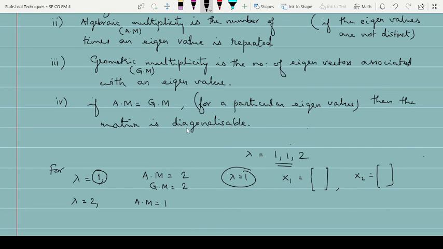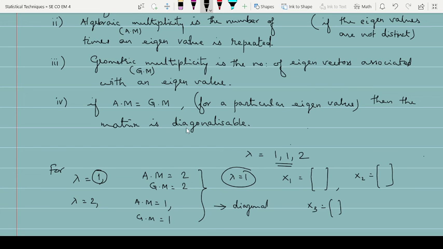In the same way, for lambda equal to 2, I am getting another vector, say x3, one vector I got. So for lambda equal to 2, algebraic multiplicity is 1 and geometric multiplicity is also 1. If it comes like this, then the matrix is diagonalizable.